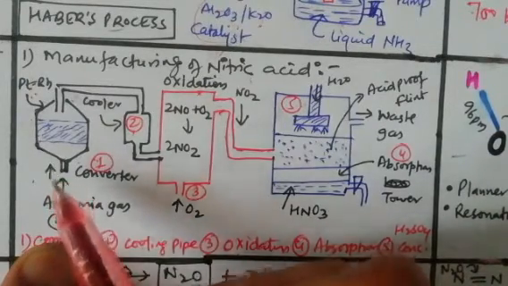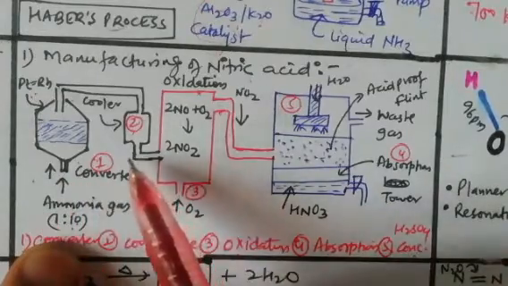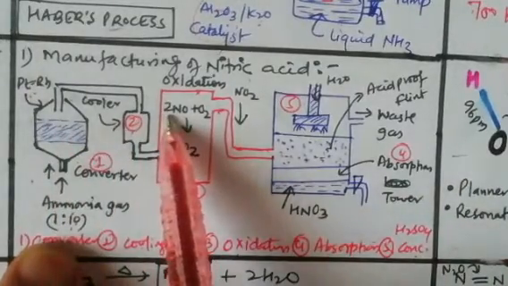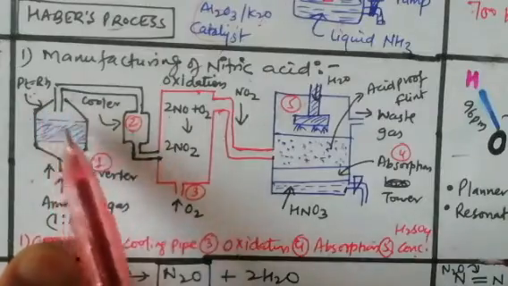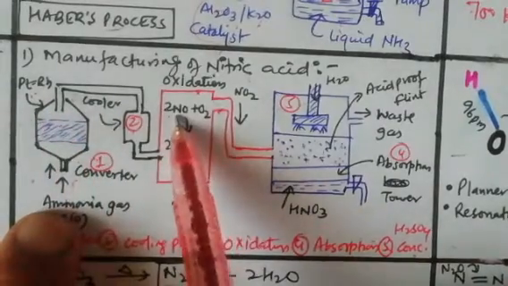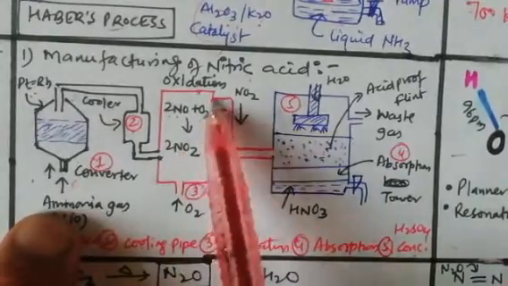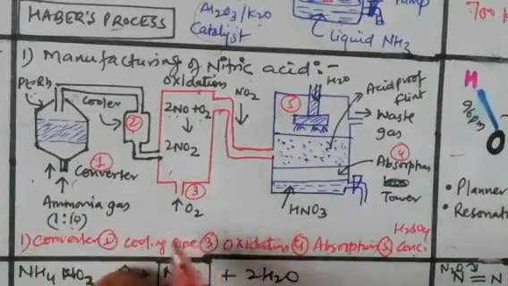So 4NH3 plus 5O2 will convert into 4NO plus 6H2O. Now when this NH3 reacts with oxygen, it converts into 2NO, and after that, in excess of oxygen, it will convert into nitrogen dioxide. This is the second step.